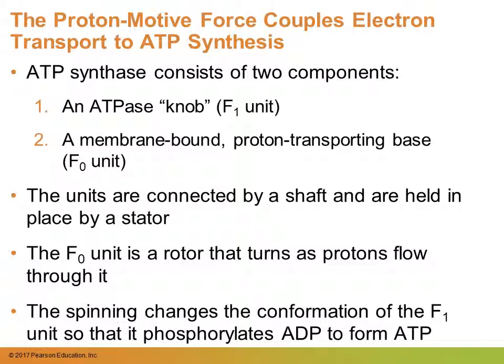Now, ATP synthase is a very large macromolecule, and it contains a knob, and it contains other parts that keep it stable. But this knob starts to spin very rapidly as a cascade of protons come cascading through from one side of the membrane to the other.